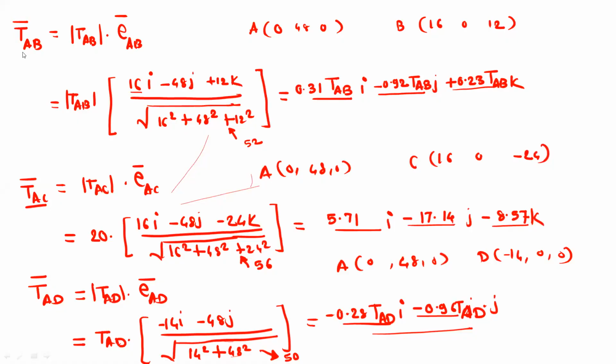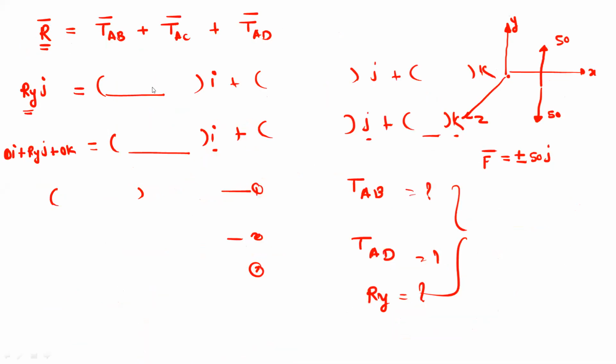Now put these values: this is the vector for tension AB, this is the vector for tension AC, and this is the vector for tension AD, in the equation of the resultant. Put all the values in this equation.